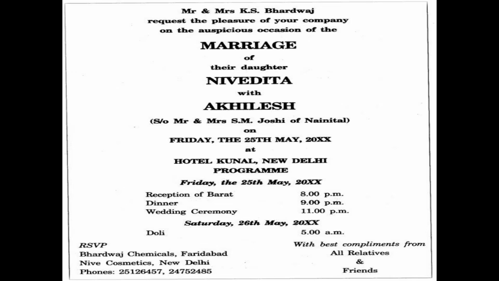That would be given in the question. Then you come to the day, the venue, the whole program, and on the left is RSVP, and on the right side you include with best compliments from, right? RSVP is a French abbreviation, meaning you are simply asking them to give their consent whether they are able to join or not. So this is written on the cards. You must have seen it.